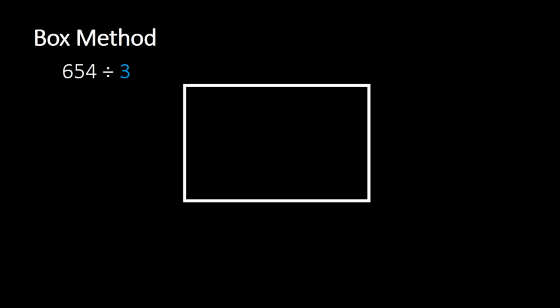So this next method is called the box method. This is most often used for teaching younger kids how to do division. So let's look at an example, 654 divided by 3. Since this is the box method, naturally we'll start with a box. And we'll divide the box into how many digits there are in the dividend. Since there are 3 digits in the dividend, we'll divide it into 3.